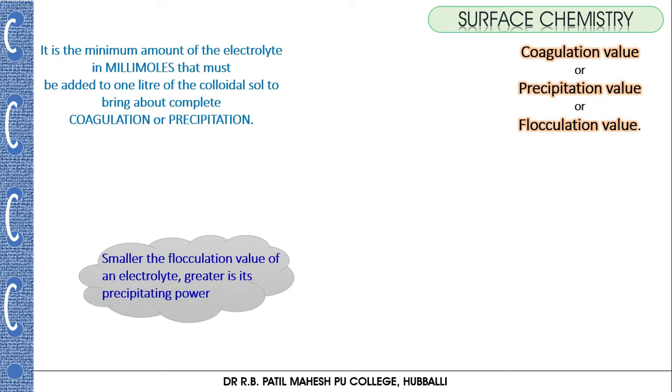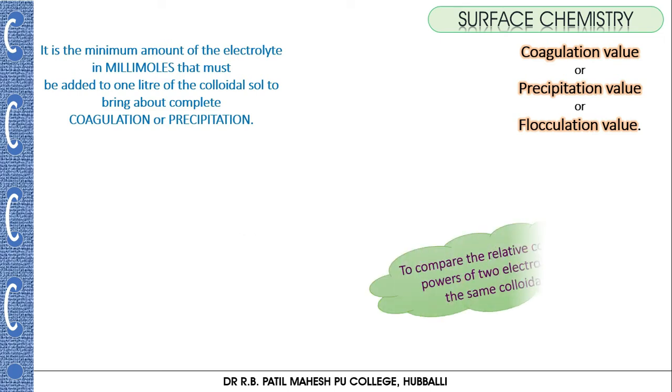A smaller flocculation or coagulation value of an electrolyte indicates a greater ability of that electrolyte to cause precipitation. To compare the relative coagulating powers of two electrolytes for the same colloidal sol, we use the coagulation value, precipitation value or flocculation value.